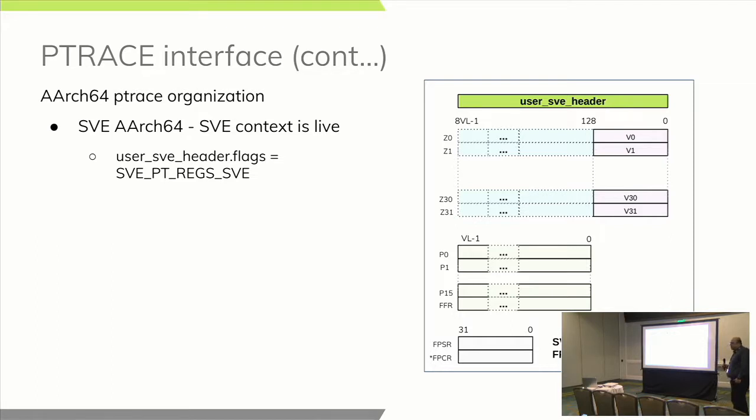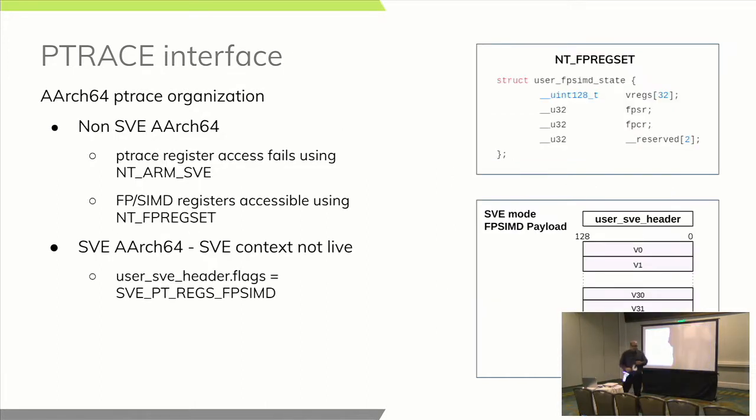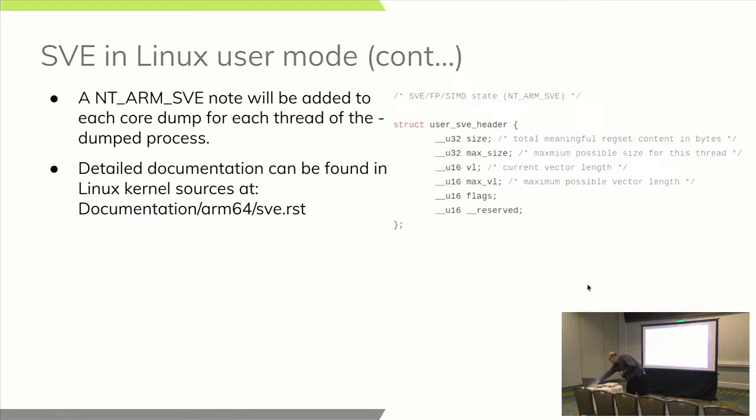So let me go back a little bit and discuss this user SVE header. The first part of what we read from ptrace is this user SVE header, and it gives us very meaningful information about what follows.